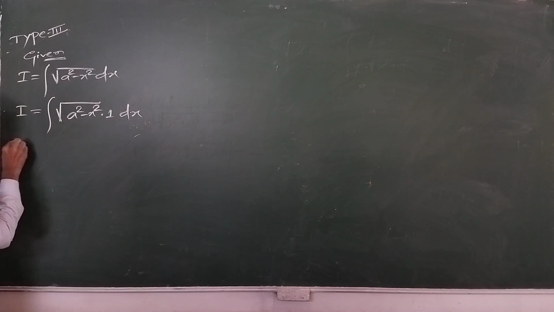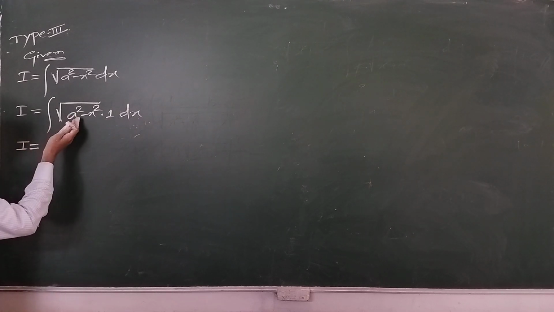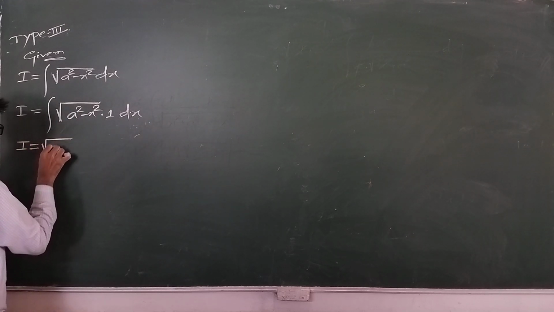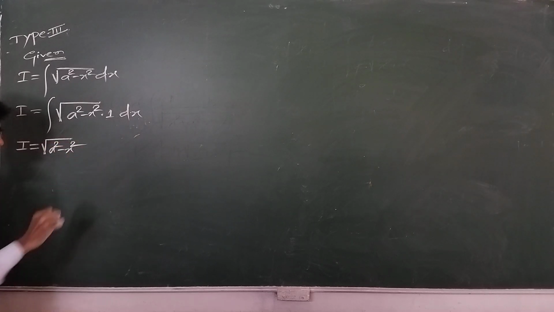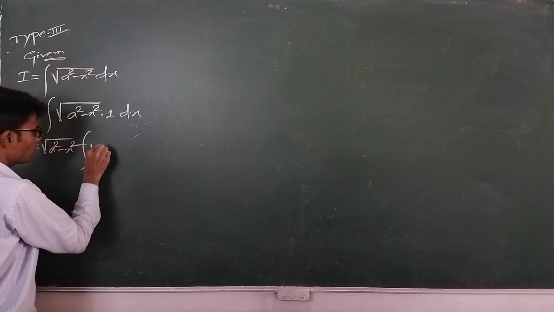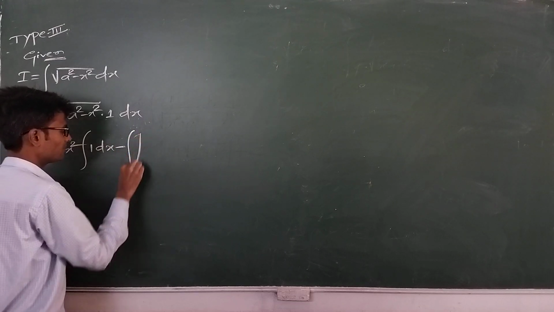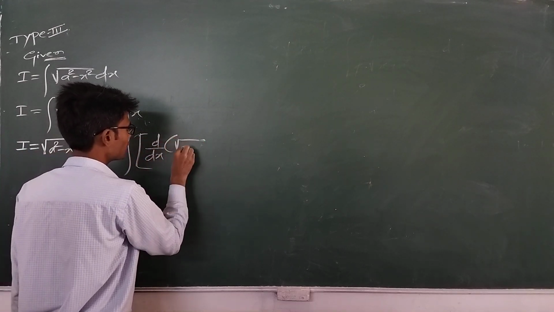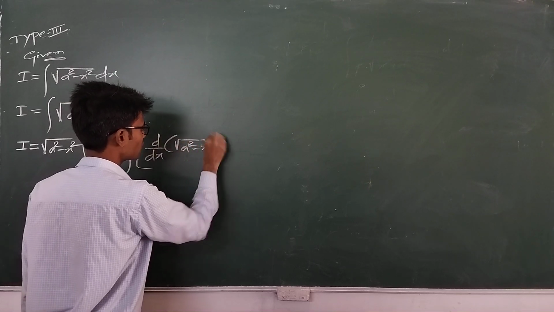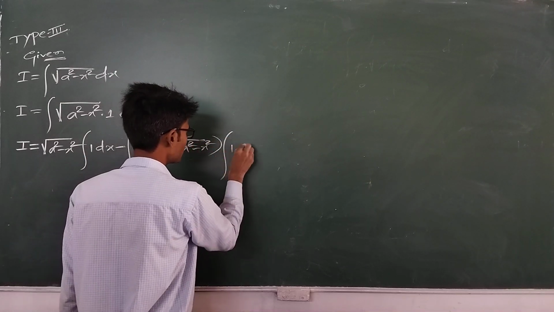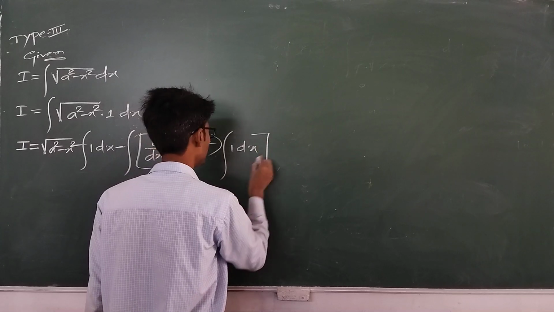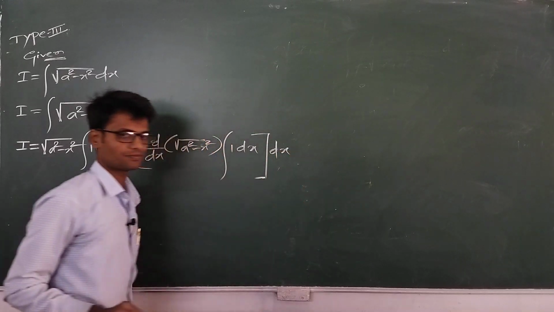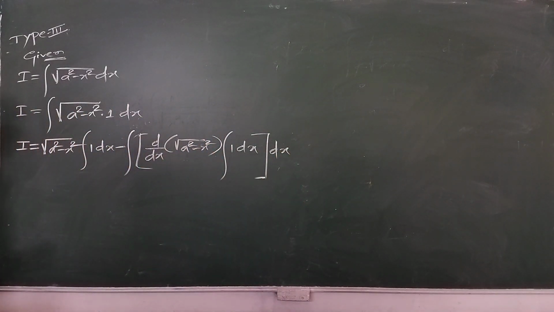Now I have to apply the integration by parts formula. So you write square root of a square minus x square outside, integration of 1 with respect to x, minus integration of differentiation of square root of a square minus x square, next integration of 1 with respect to x, bracket complete, with respect to x.